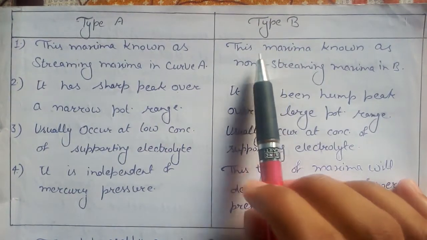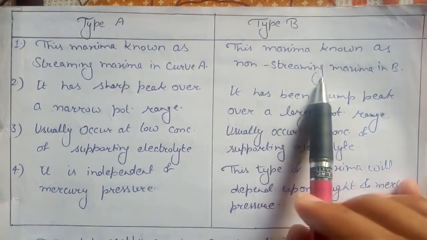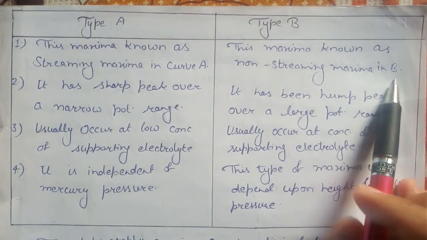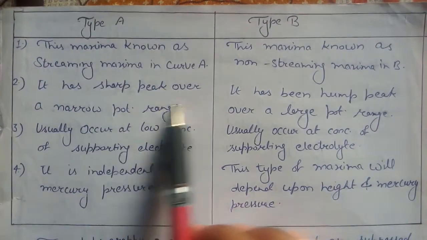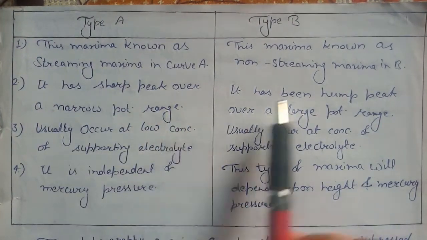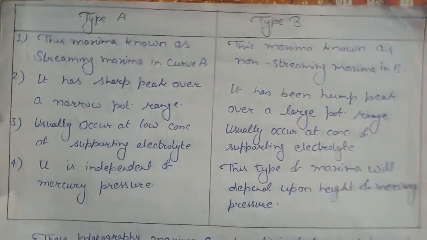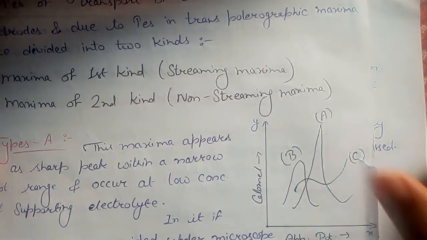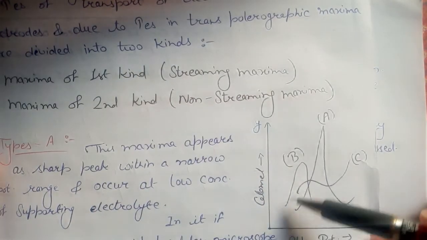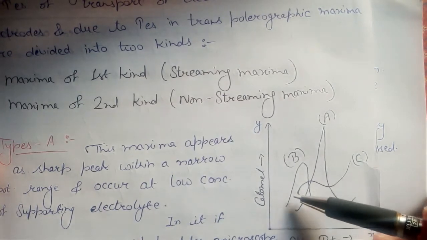Type B maxima is known as non-streaming maxima, shown by diagram B, right? A has a sharp peak over a narrow potential range. B has a hump peak over a large potential range. You can say here that A has a sharp peak with a narrow potential range and B has a hump peak with a large potential range, right?